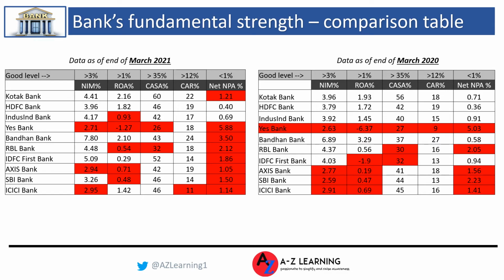Their net interest margin is 3.96, which is higher than 3%. Their return on asset is 1.82%, which is higher than the 1% that we have prescribed. Their CASA ratio is also higher than 35%, at 46. Their capital adequacy ratio, which should be 12% or higher, is 19%. And the net NPA, which we say should be less than 1%, for HDFC Bank is 0.4.